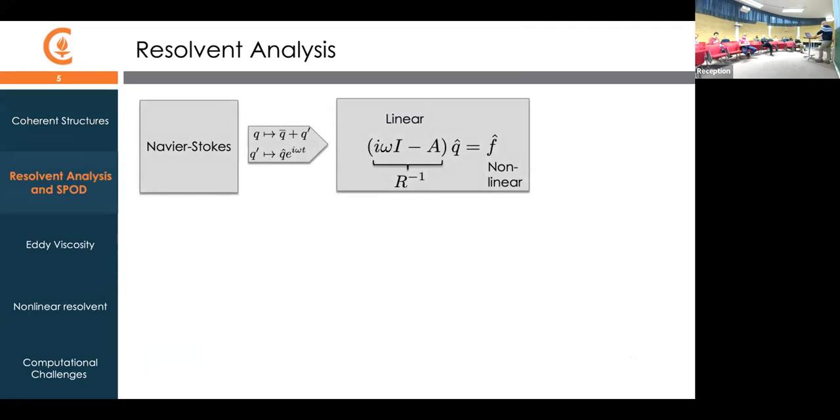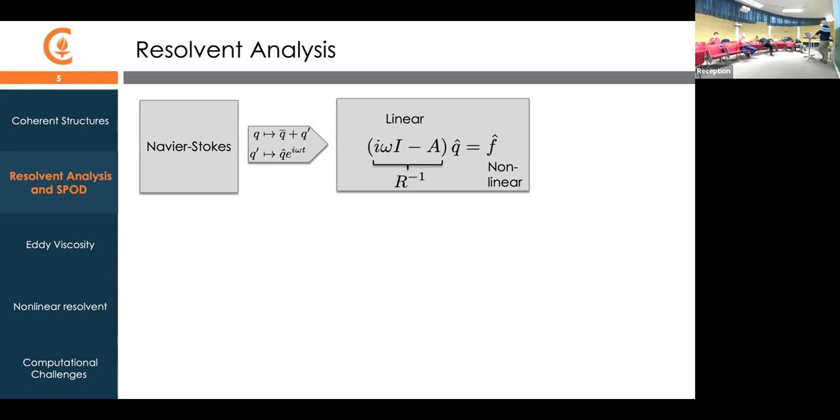Okay, so the resolvent framework starts, of course, with the full Navier-Stokes equations, does the standard Reynolds decomposition, and for stationary flows, at least, we can also insert the ansatz that we're working in the frequency domain. When you put those into the equations and write things in this abstract operator form, you can arrange the equations so that you have a linear operator acting on the output fluctuations, the Q hat, that's our entire state space of different variables in the flow.